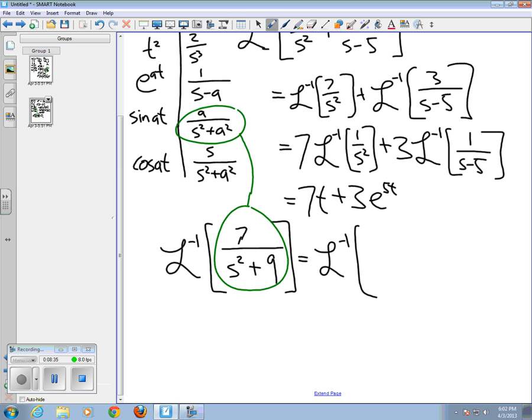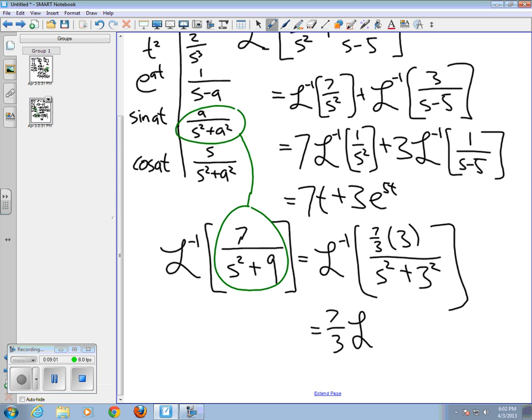So we'd like a numerator of 3, and we can get that by simply noticing that 7 is really 7/3 times 3. So I can replace the 7 in the numerator with 7/3 times 3. In the denominator, I have s squared plus 9, or let me write the 9 as 3 squared. And then because of the linearity, we can bring the 7/3 out. So we have 7/3 times the inverse Laplace transform of 3 over s squared plus 3 squared.